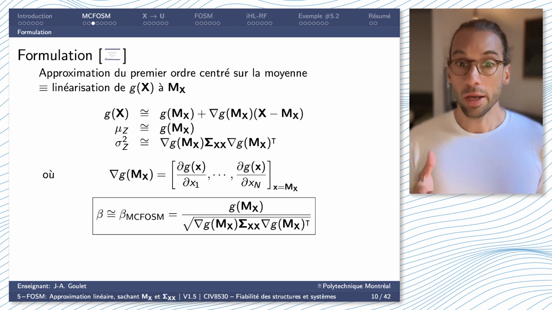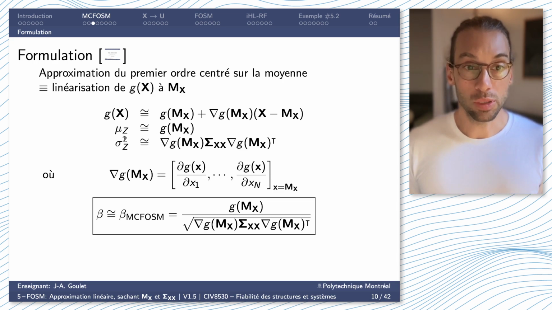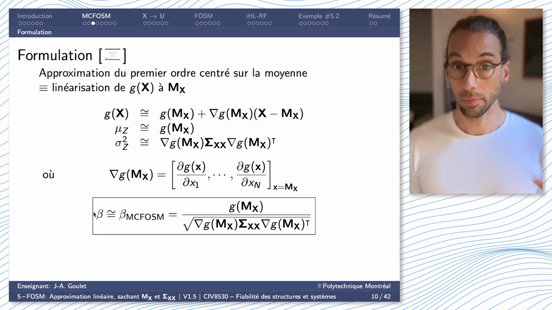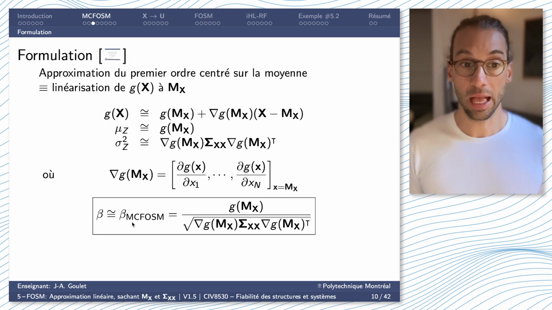So knowing these two moments, mu z and sigma z, which is equivalent to the mean of g of x and the variance of g of x, I can approximate my beta with the MCFOSM method as the ratio between the mean value and the standard deviation, so the square root of what I have here.